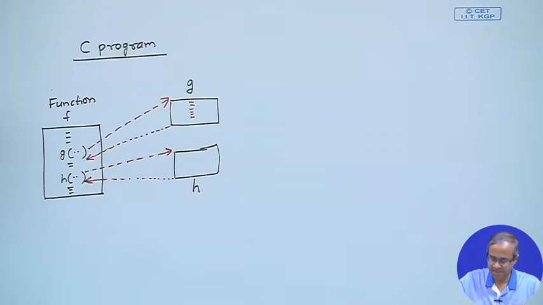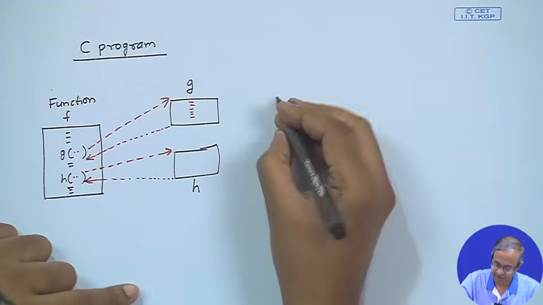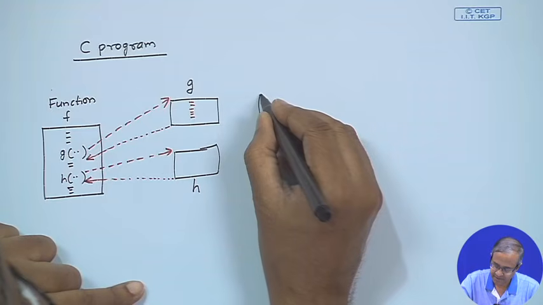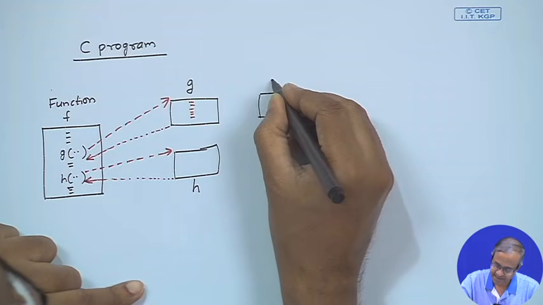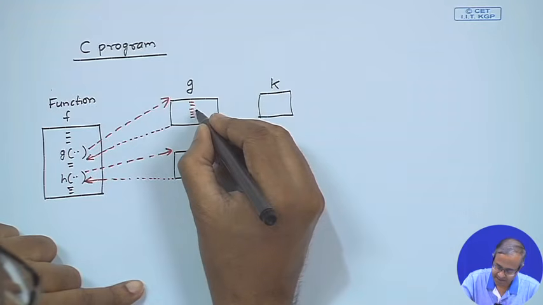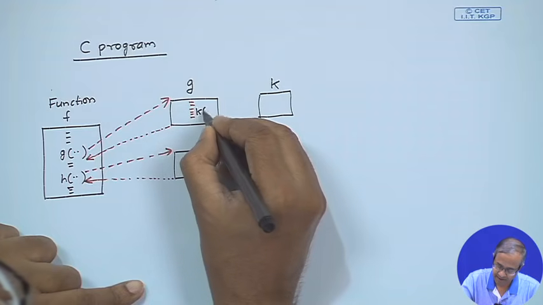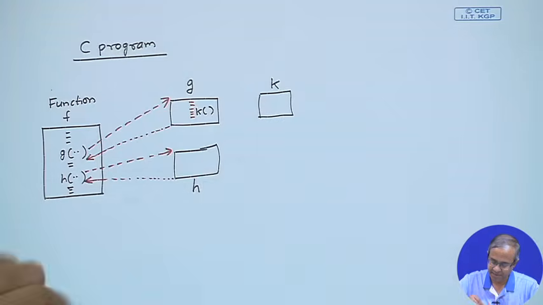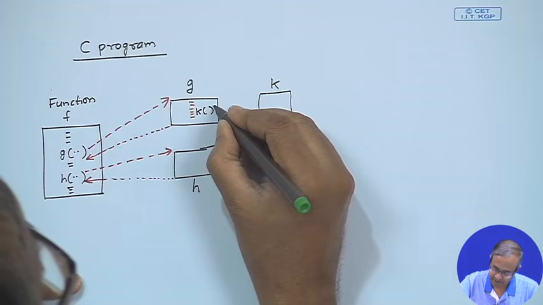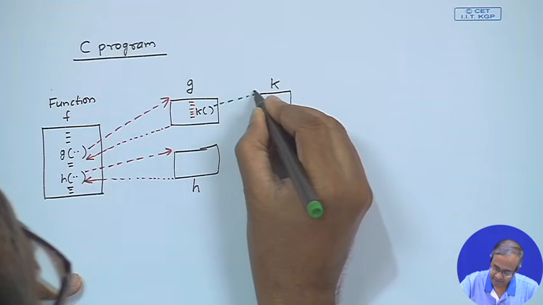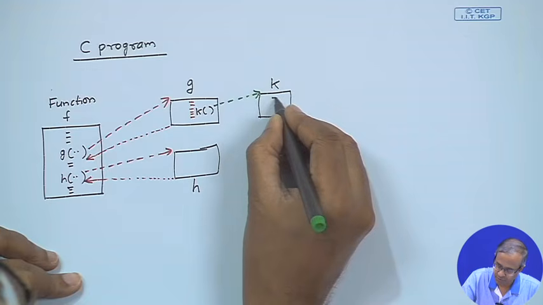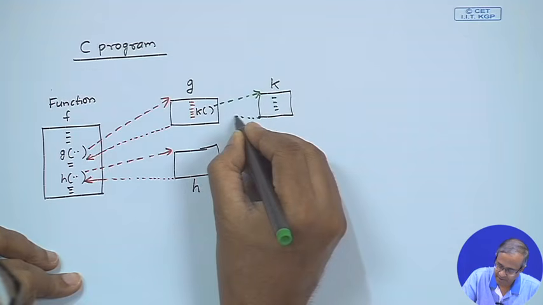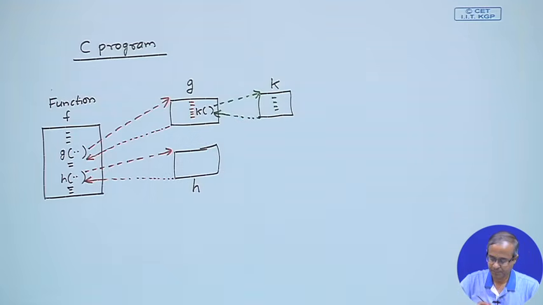Now, this can happen for nested calls also. Suppose there is another function, let us say k, where from inside g you have called k. When you call k from inside g, a similar thing will happen: k will be called, it will be executed, and then it will be returned.